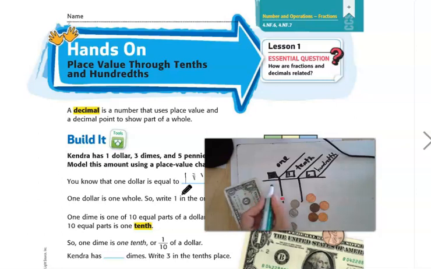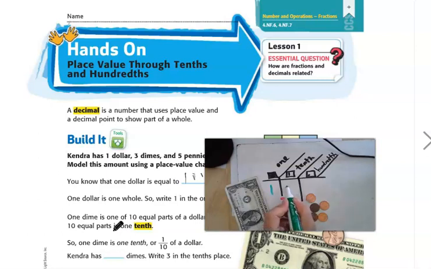So I'm going to write 1 in my ones place. 1 dime is one of 10 equal parts of a dollar. One of 10 equal parts is 1/10. So 1 dime is 1/10 of a dollar, and Kendra has 3 dimes. So I'm going to write a 3 in the tenths place.